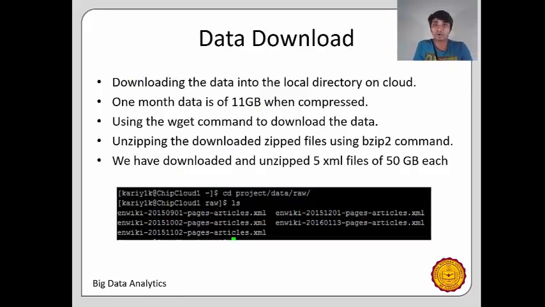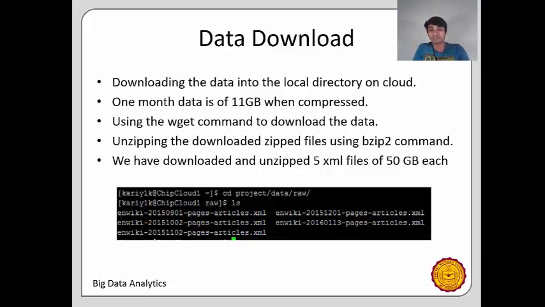So how I have downloaded the data into my local directory, which is available on cloud. As I previously told you, my data is month wise, and we have 5 months of data, and 1 month of data is 11 GB when it is compressed, and after decompressing it contains 50 GB for 1 month. So that's why our whole size of data is 250 GB.